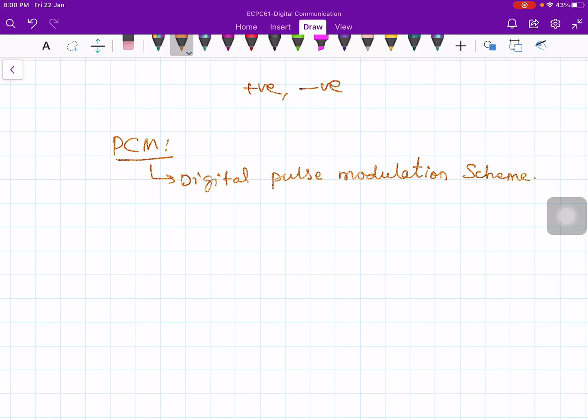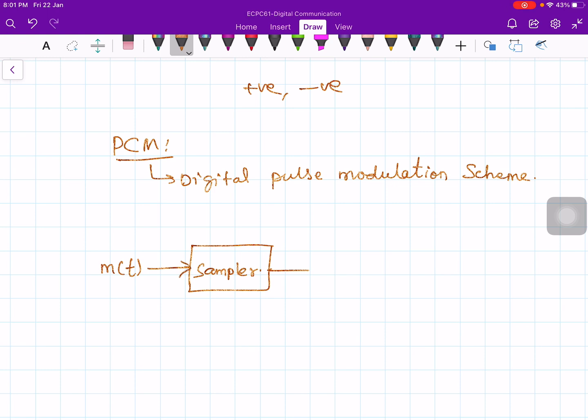So you have the message signal m(t). You start with the message signal, which is sampled by the sampler. Sample the signal at a suitable rate. The message m(t) is passed through the sampler.